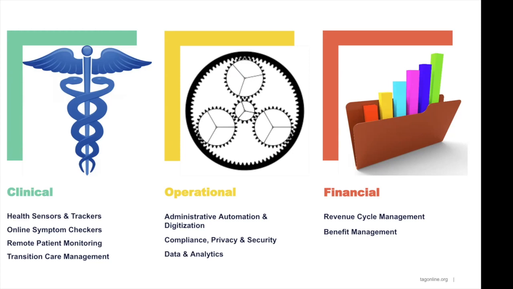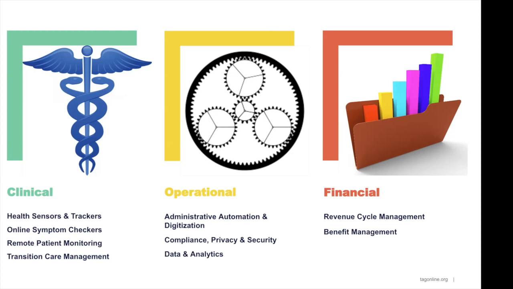Whereas your operational ones, if we're analyzing the data and pulling the information out, or your privacy and security, those are things, HIPAA, we've all signed those HIPAA acknowledgments, right? Well, managing against HIPAA is a digital health solution, and that's very operational.